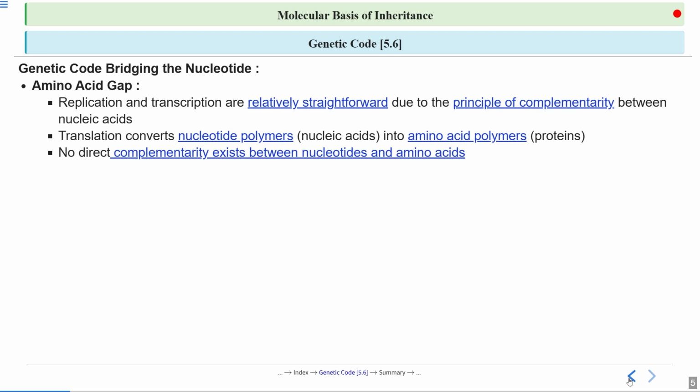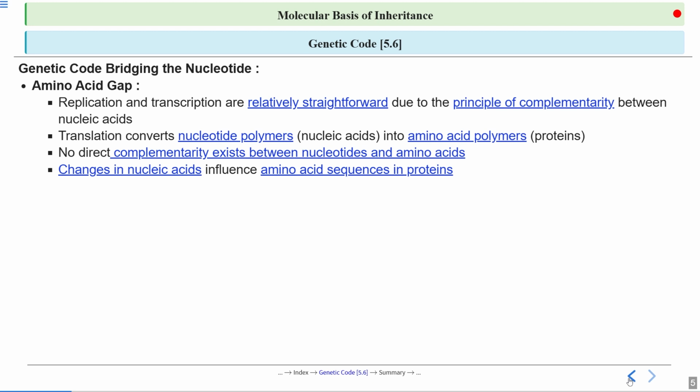But in this translation step, when the nucleotide polymer, the mRNA, is converted into an amino acid polymer, that is protein, there is no direct complementarity. Till now in this chapter, we don't know of any complementarity existing between nucleotides and amino acids.